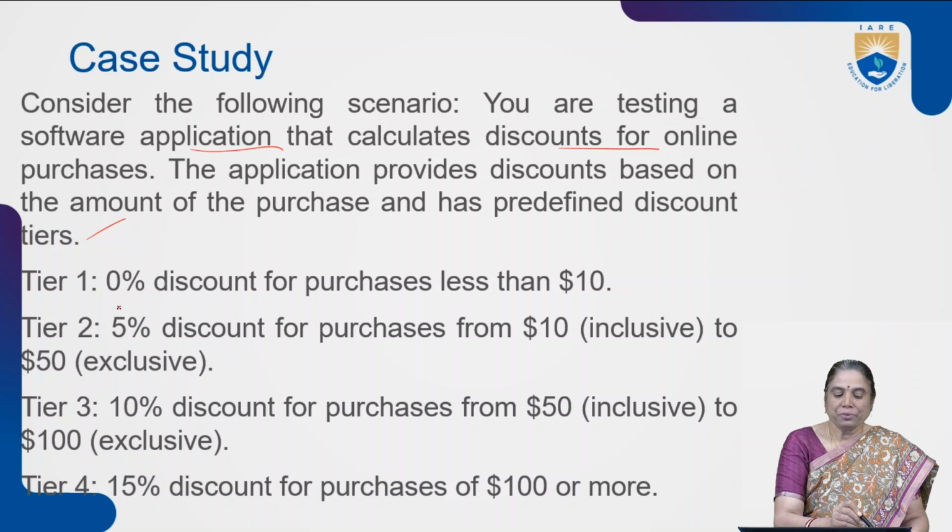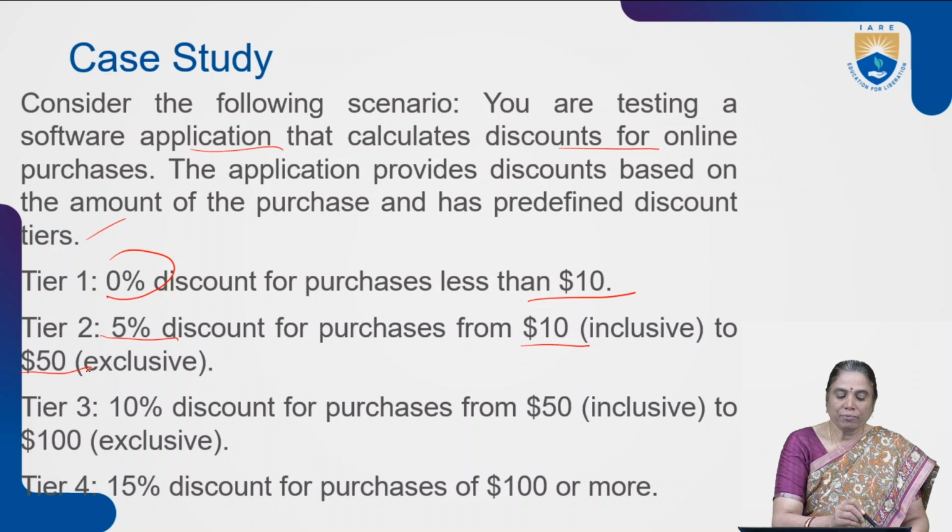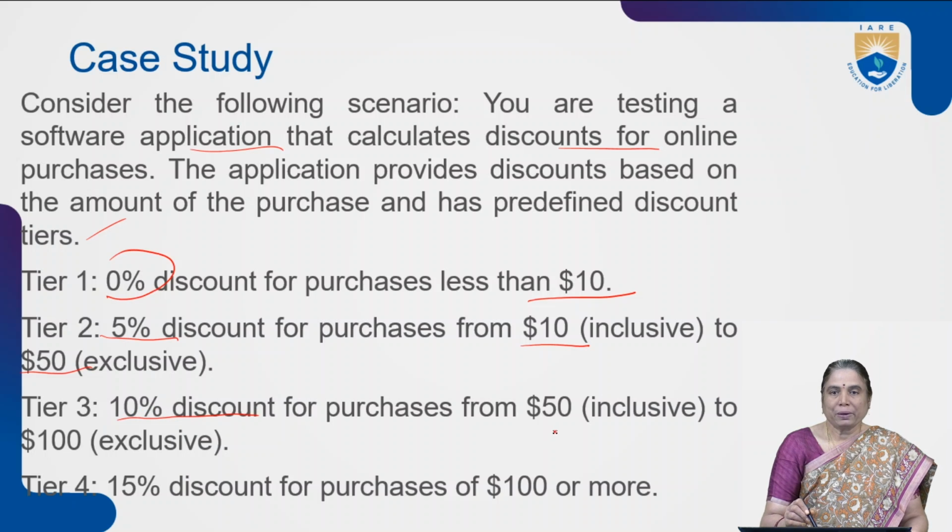In tier 1, 0 discount for a purchase less than $10. In the second tier, 5% discount for a purchase from $10 to $50. In tier 3, 10% discount for a purchase of $50 to $100. Tier 4, 15% discount for a purchase of $100 and more.